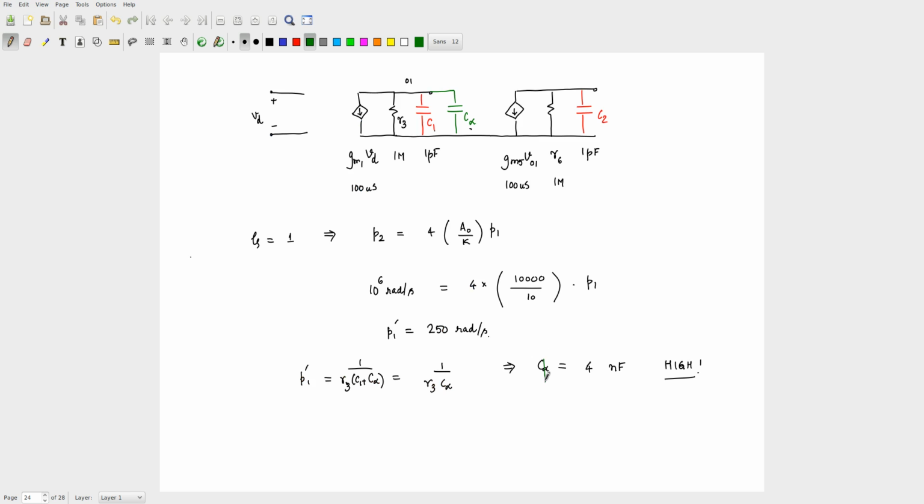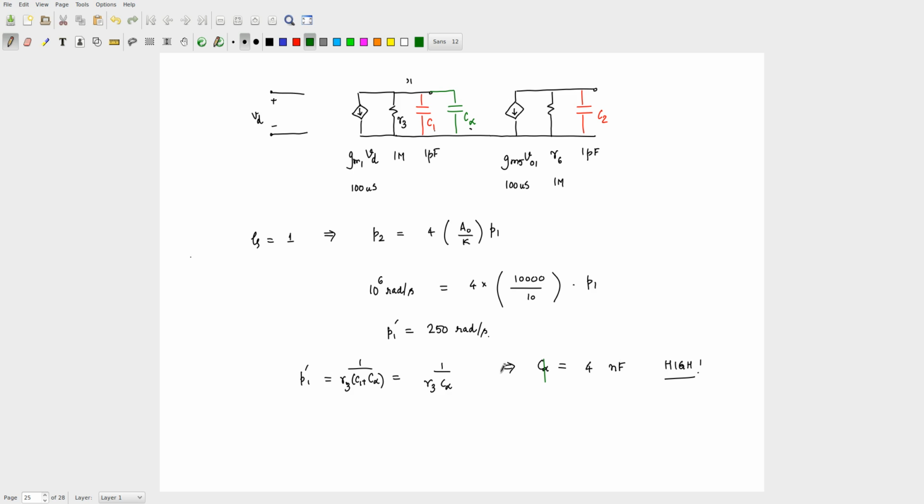One is that you want to ensure that P2 is 4 times the unity loop gain frequency, and P2 is not moving. So P1 has to move enough to ensure this. Second thing is that because you want a very low value of P1 and you are not using the Miller gain, you have to have a very high value of the C alpha.